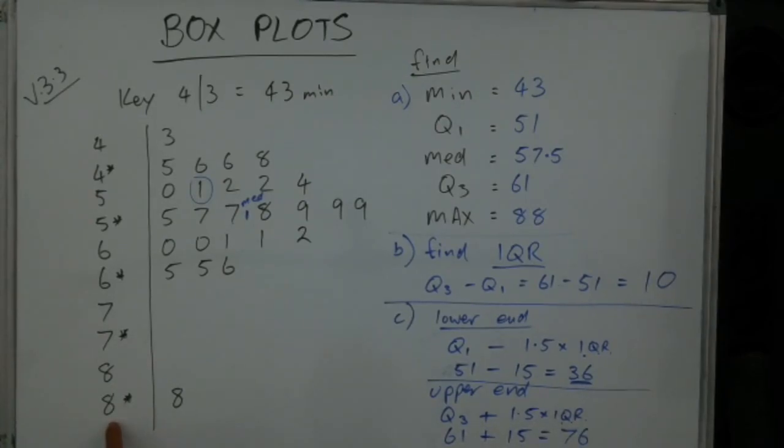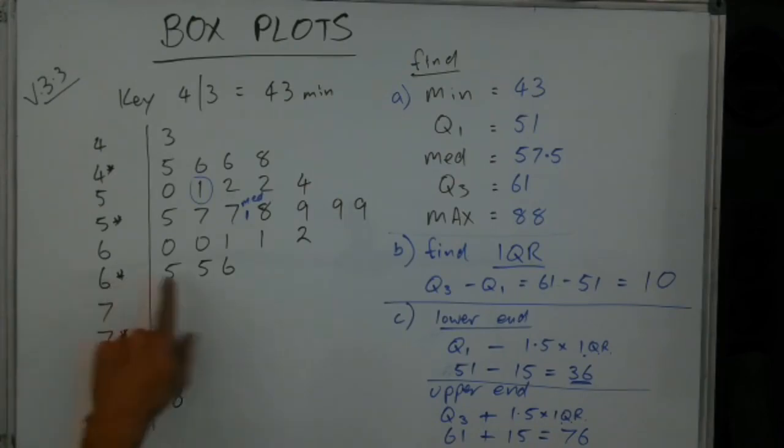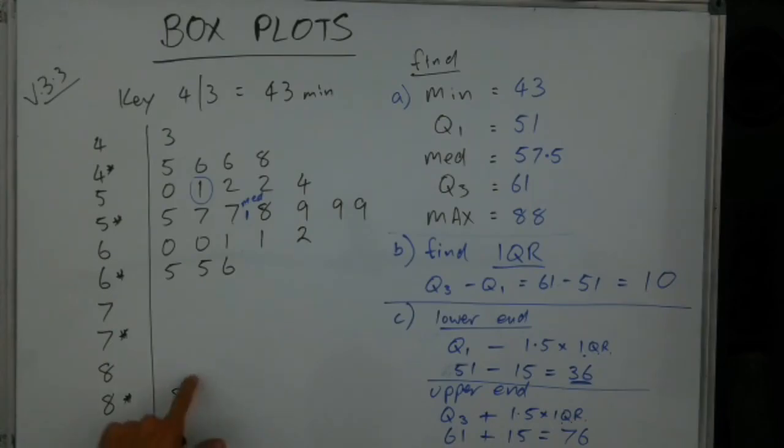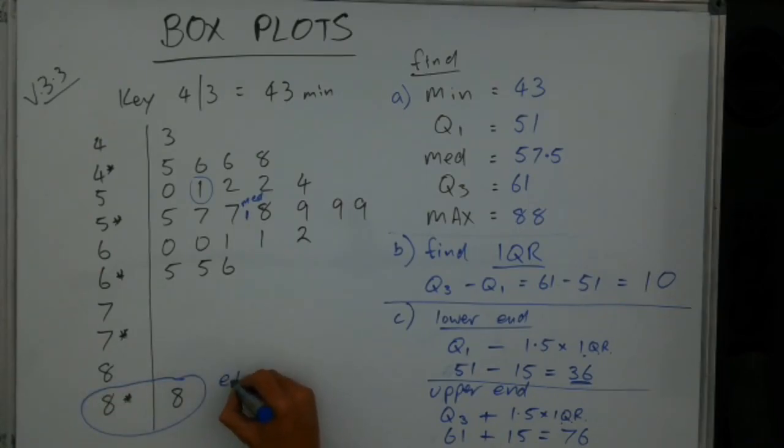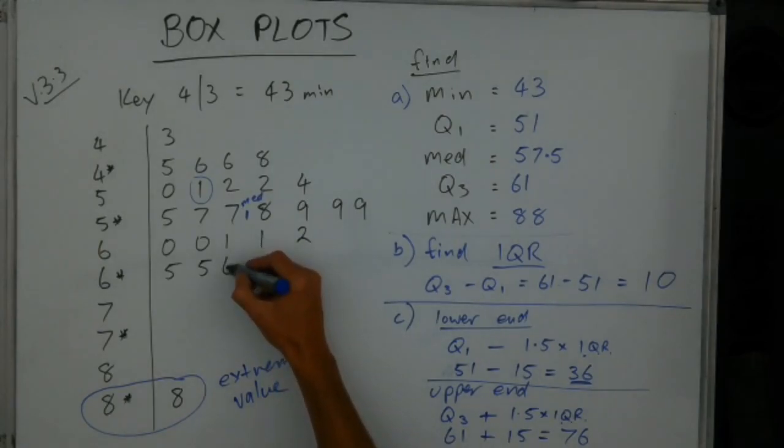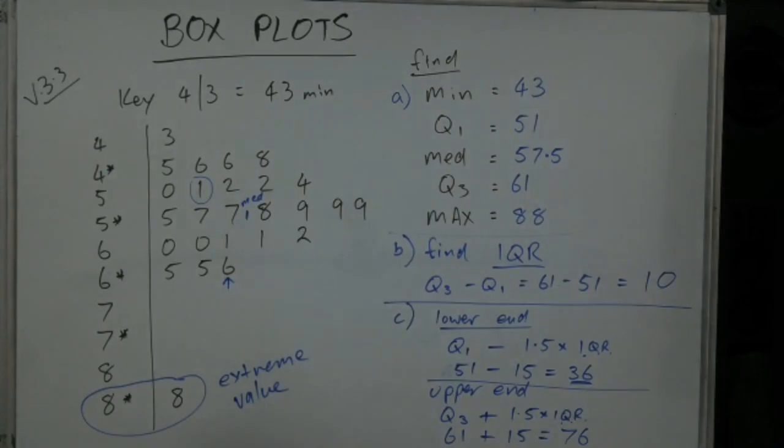And because we've got 66 here, and then we've got 88, because this is bigger than 76, this is an extreme value. So when we draw our box plot, which we're about to do next, we'll consider this as our maximum, but we'll put a little cross on the scale to indicate that this was also a value.